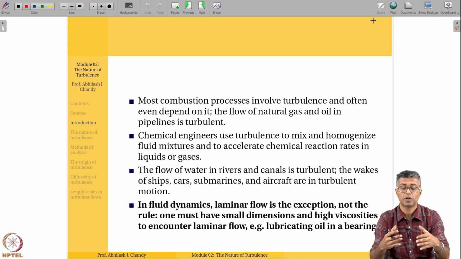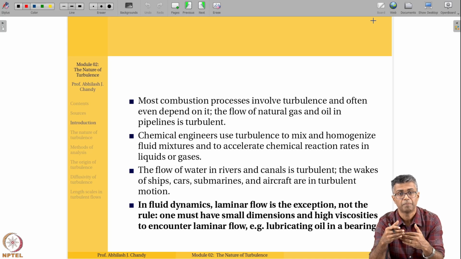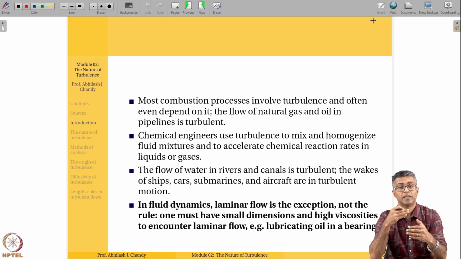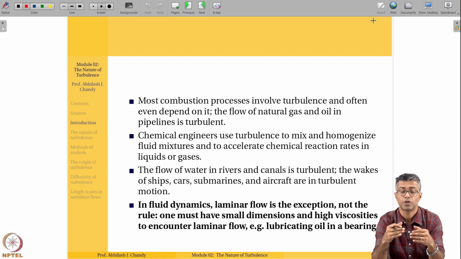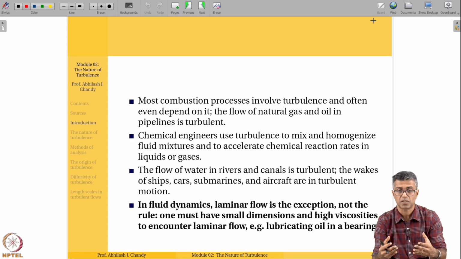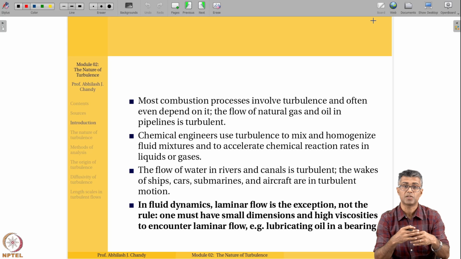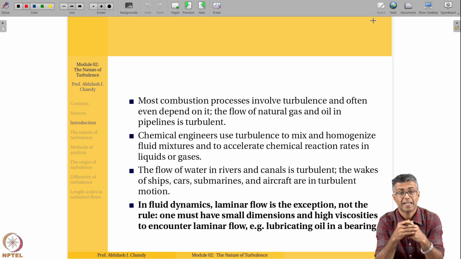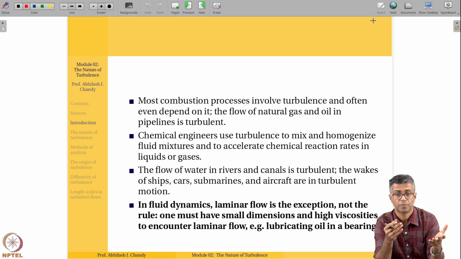If it is not turbulent, that mixing is going to take time. And it might not be efficient enough to make the combustion efficient. So before they burn, you want the fuel and oxidizer to mix. You want it to be a turbulent mixing so that the mixing is faster and it is more efficient. That increases the overall efficiency of the engine. So that's an engineering application.